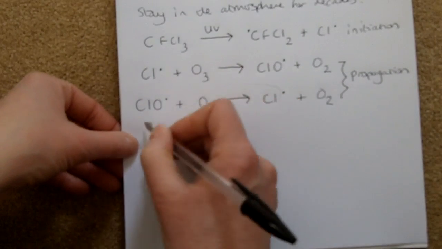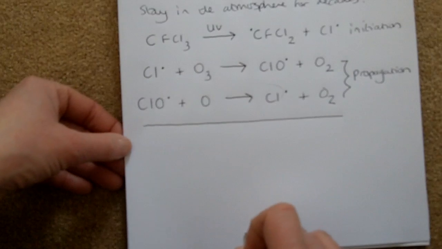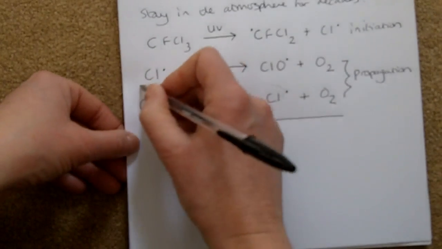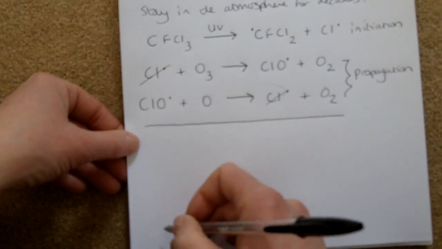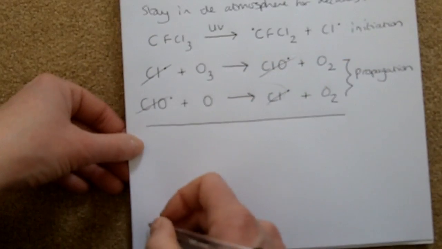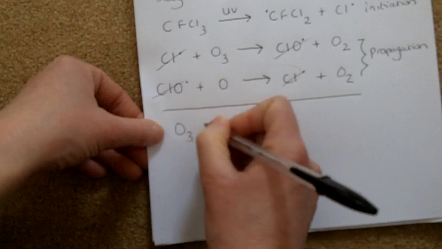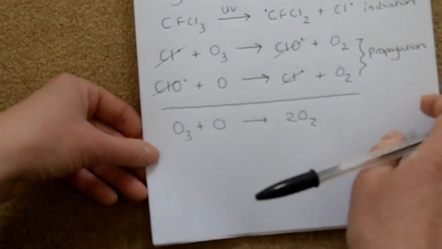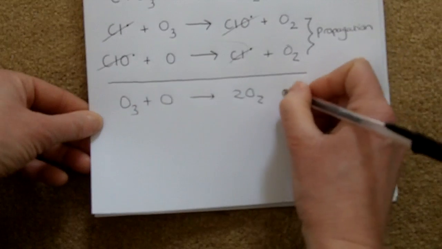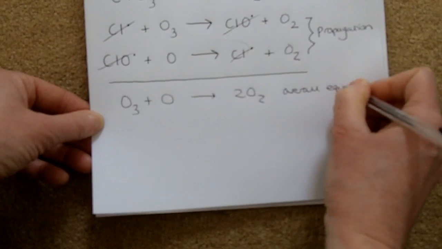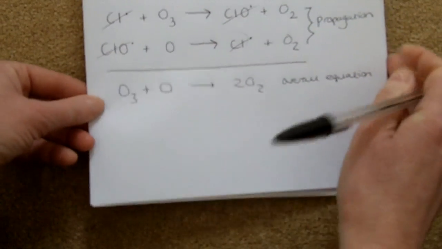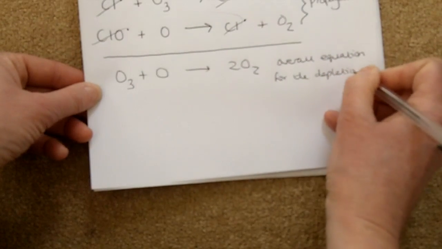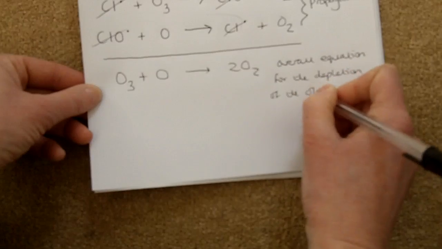If you add these two propagation steps together, the Cl cancels out left and right, the ClO cancels out left and right, and you're left with O3 plus O going to 2O2. That's the overall equation for the depletion, the breaking down, of the ozone layer.